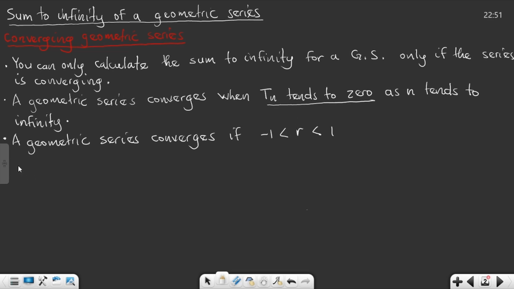Okay, let's say we have this example. We have a geometric series like this one.